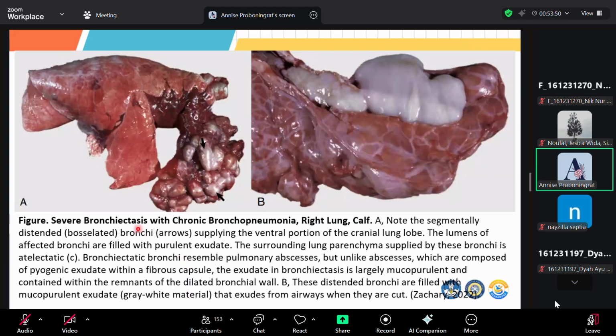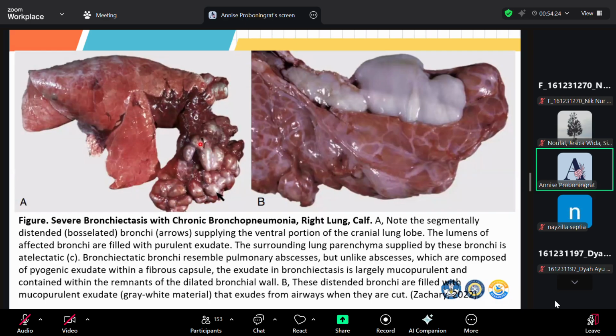And this is the gross lesion of bronchiectasis with chronic bronchopneumonia. The bronchiectasis lesion is shown in this area where the parenchyma becomes shrunken and firm and also has a dark color.